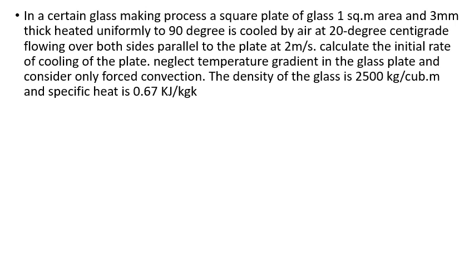Calculate the initial rate of cooling of the plate, neglect temperature gradient in the glass plate, and consider only forced convection. The density of the glass is given to be 2500 kg per meter cube, and specific heat is 0.67 kilojoule per kg Kelvin.